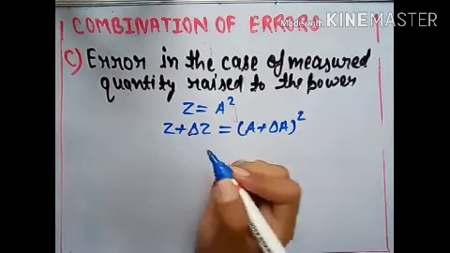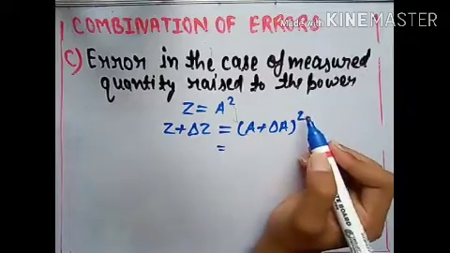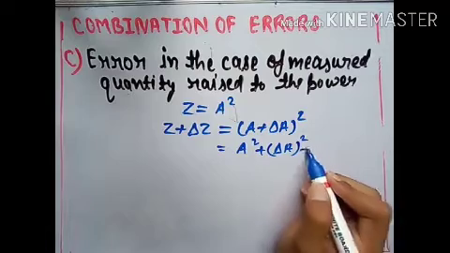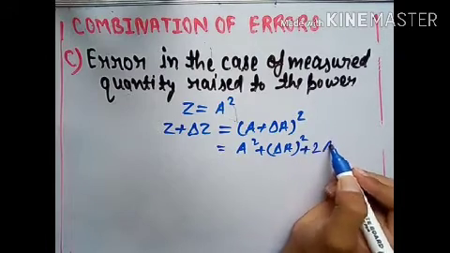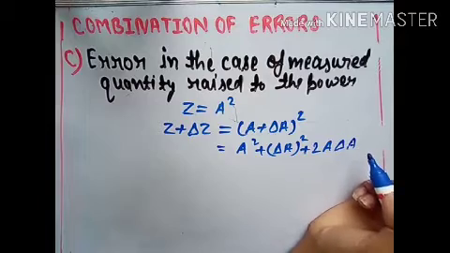Now you are a bit experienced, so solve the square. What will you get? A square plus delta a square and plus 2 times a into delta a.